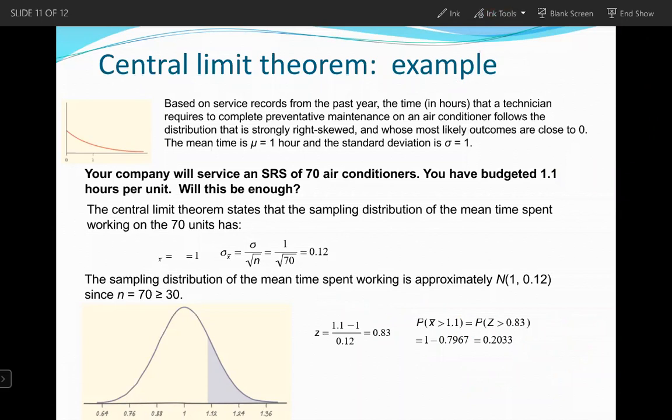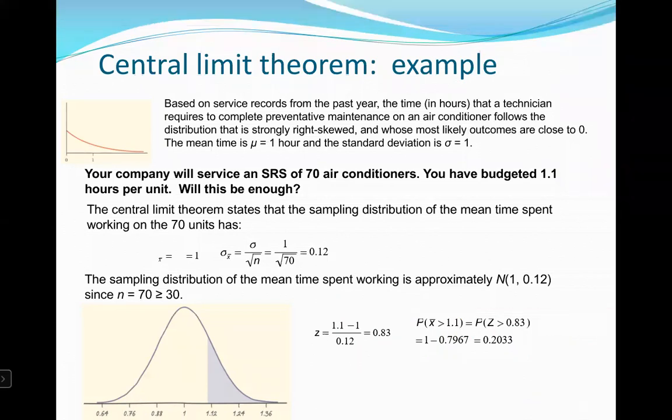When we look up the probability of the z-score of 0.83 in table A, what we get is the cumulative buildup, 0.7967, on the left of a z-score of 0.83.